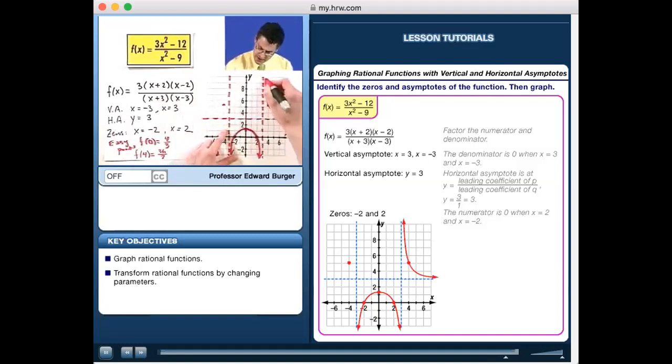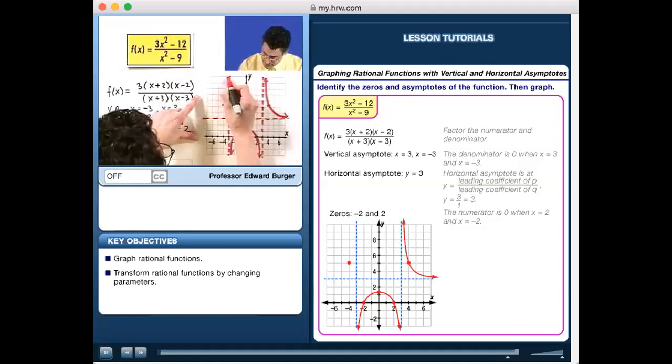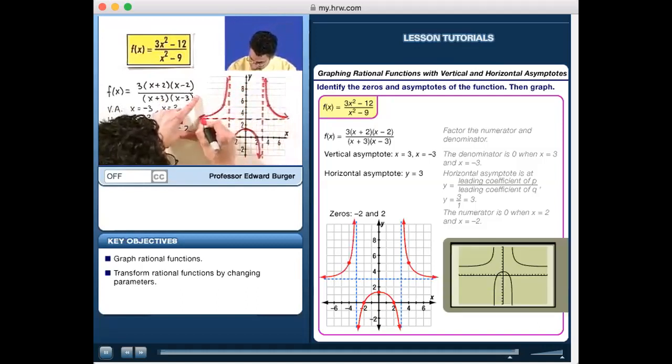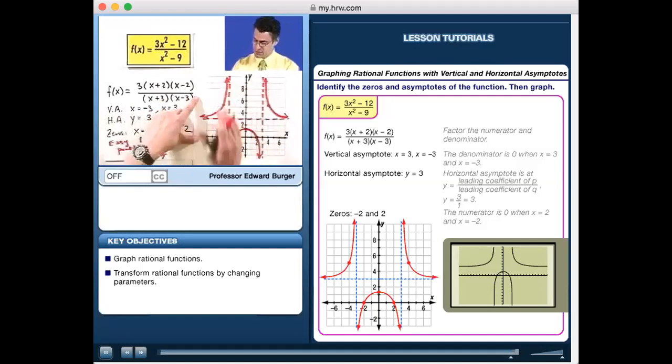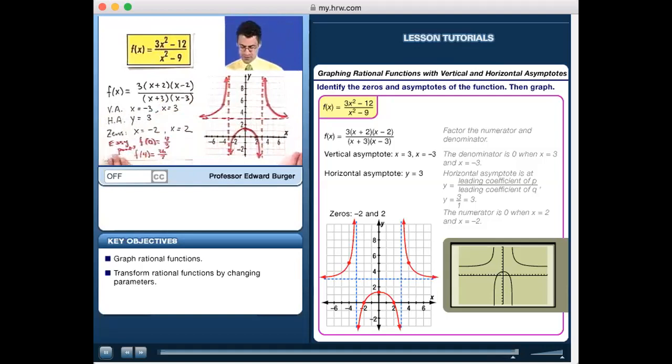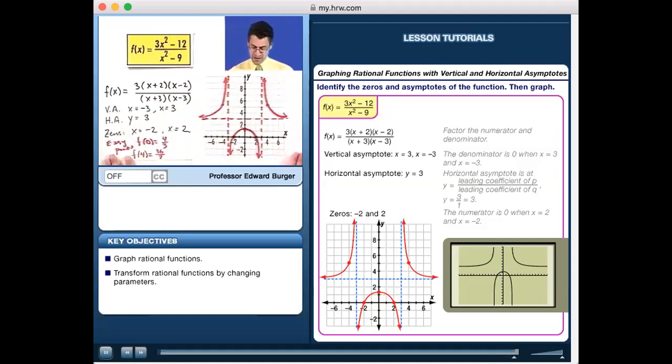I just need that one anchor point to know which region I'm in. Once I knew that, and I see the symmetry, because I'm squaring everything, I'm going to get the symmetric picture reflected over here. So what a beautiful looking hyperbola this is, which really came out of just some basic analysis of the situation, plotting a few points, and we're good to go.